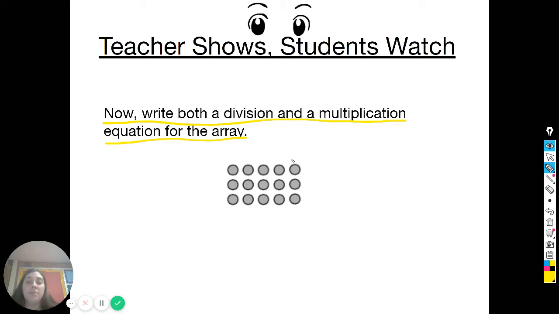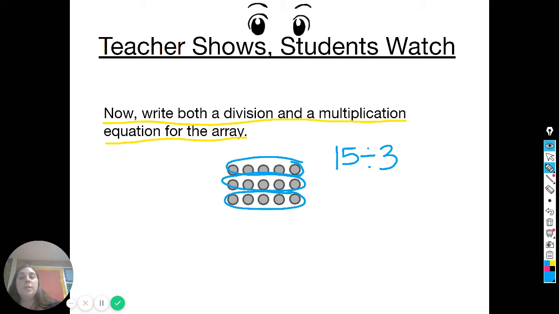Let's start with our division, because we know in division the big number comes first, and we know we have 15 dots. So we have 15 divided by, there are 3 rows. So divided by 3, or divided into 3 groups, equals 5 dots per group.